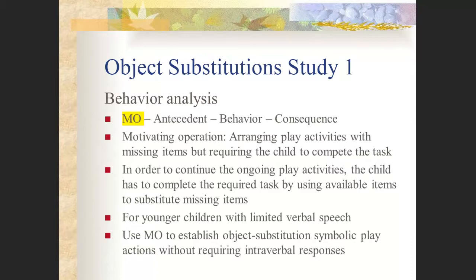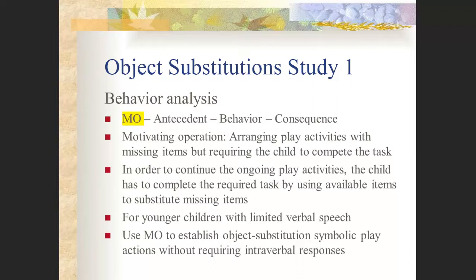In this case, we arrange play activities with missing items, but we require the child to complete the task. So why do we do that? We do this to create a motivating situation in which the child is asked to complete a task without the item that's required. So in order to continue the ongoing play activities, the child has to complete the required task by using available items to substitute missing items.